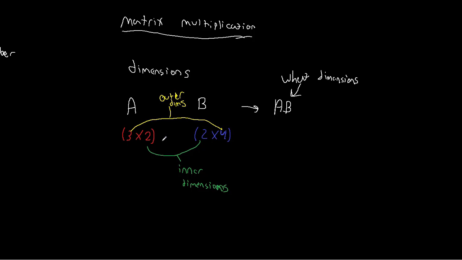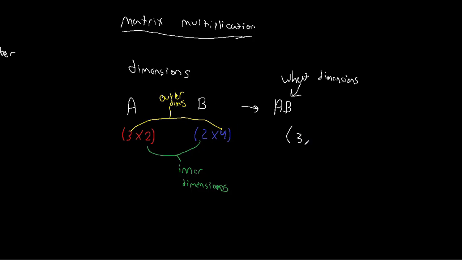We can basically make a statement here that if the inner dimensions match, which in this case they do, a 2 and a 2, then the result of their multiplication is going to have the outer dimensions.